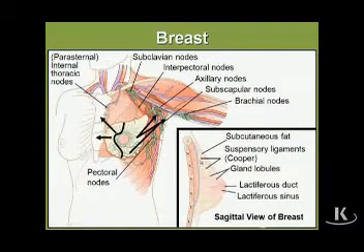These are thickenings of collagenous connective tissue that run from the deep fascia to the overlying skin.